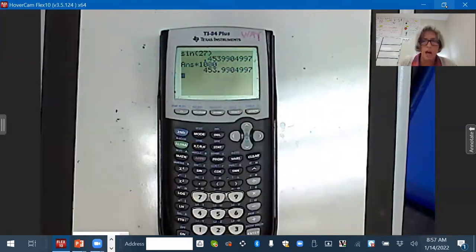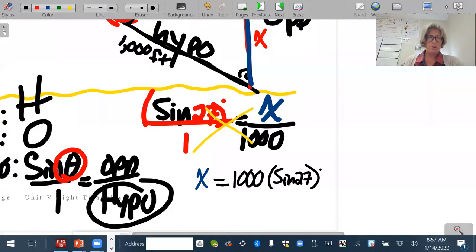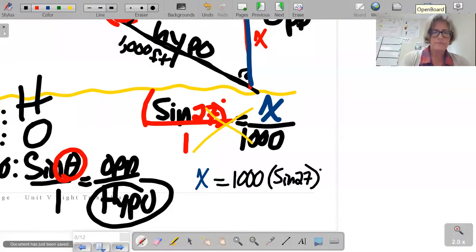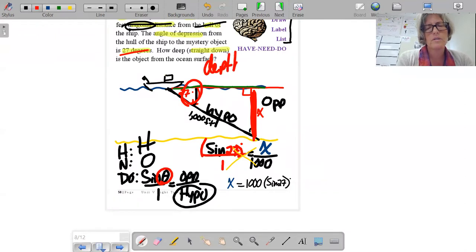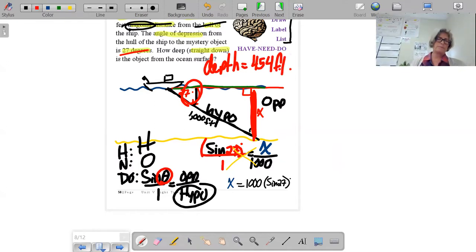So if we round up, at this point we'll call it 454. So our depth here of the object is 454, and watch your units, feet.